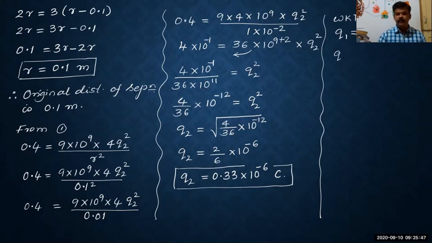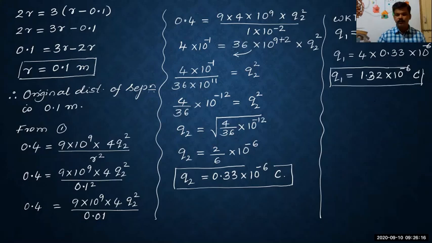Hence Q1 is equal to 4 into 0.33 into 10 raised to minus 6, or Q1 is equal to, just you multiply, it is 1.32 into 10 raised to minus 6 coulomb. Okay, if you multiply, it will be 1.32 into 10 raised to minus 6 coulomb.